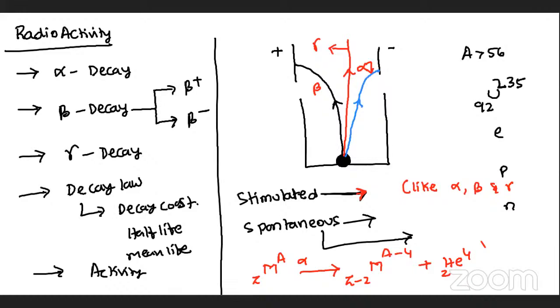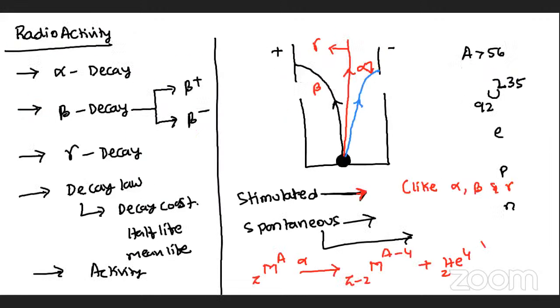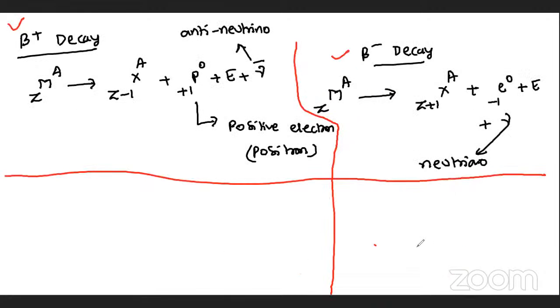Generally, in our textbooks, they write it as natural radioactivity and artificial radioactivity. Artificial radioactivity means with the supply of energy, the radioactive nucleus divides into daughter nuclei with the emission of alpha decay and beta decay.